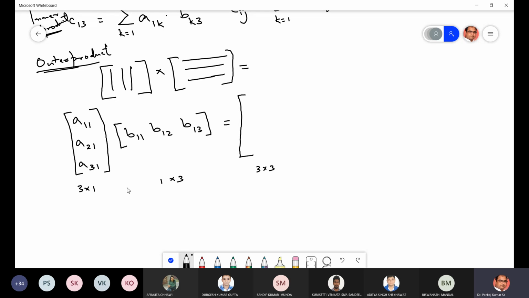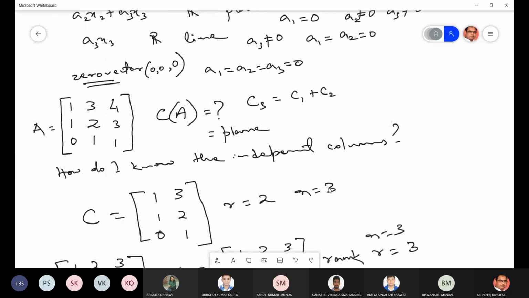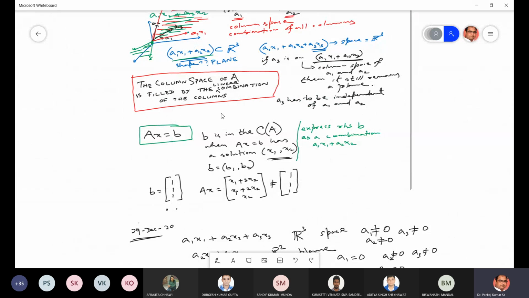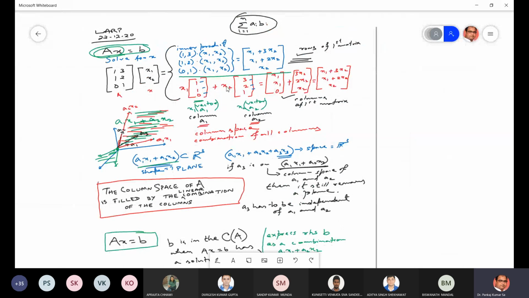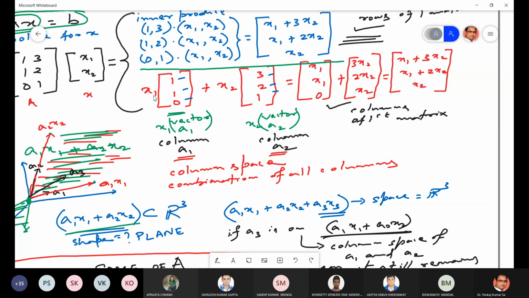And in fact, it is the same thing we have seen in the very first class, this red color. Each column is scaled by some scalar quantity, and then they are added together to form the final matrix.